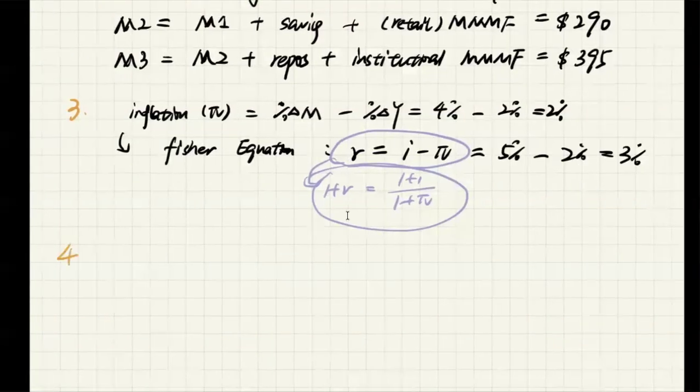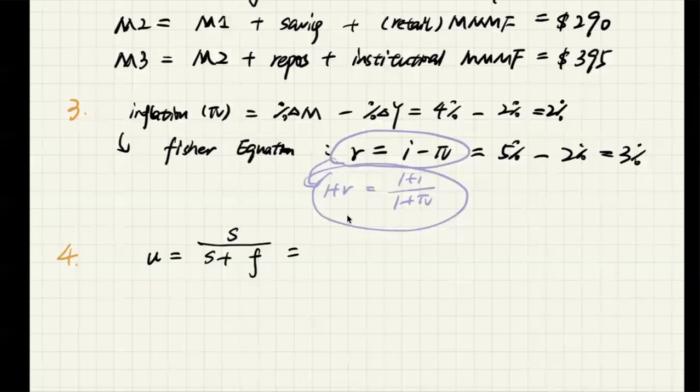Okay, so let's go to the last one. What is the steady state unemployment rate? You denote the unemployment rate equals the job separation rate S divided by S plus F, where F is the job finding rate.